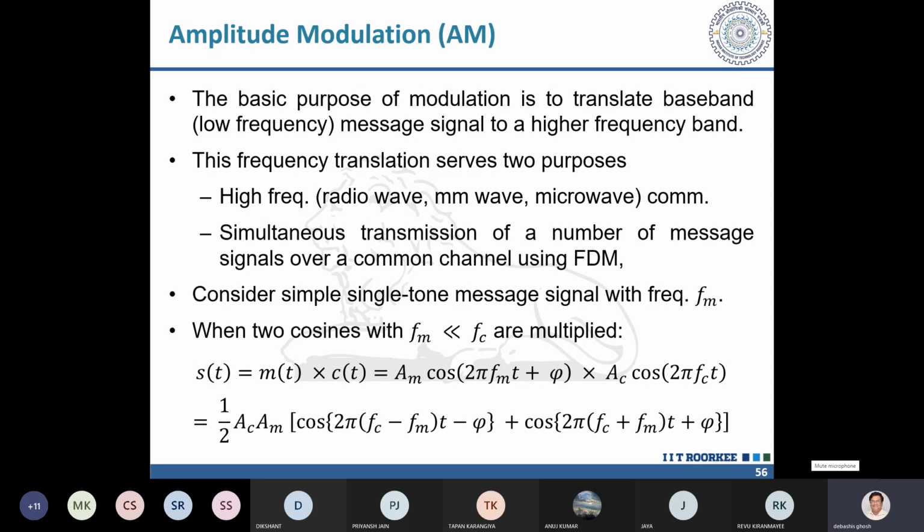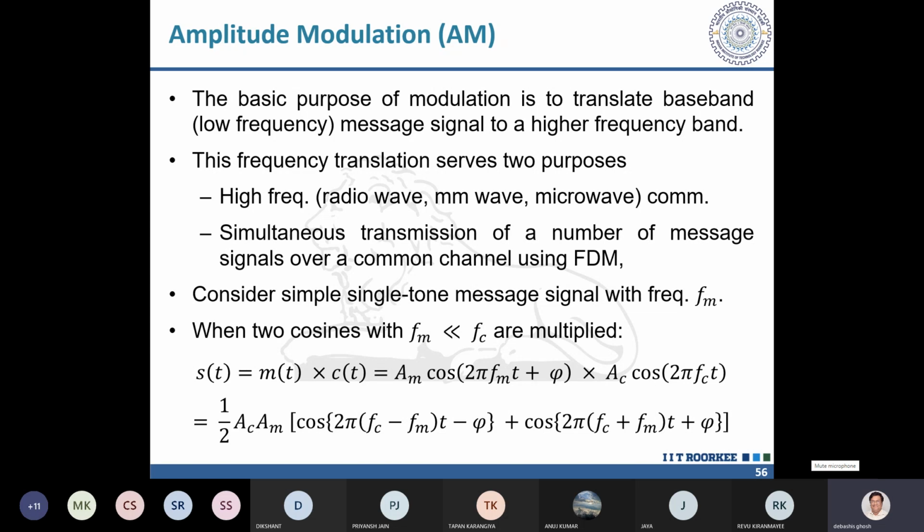For example, in your computer itself you have an oscillator which generates a clock at some frequency, and that clock is driving your computer. You know your computer has some clock frequency, some clock speed. That clock is generated by an oscillator.